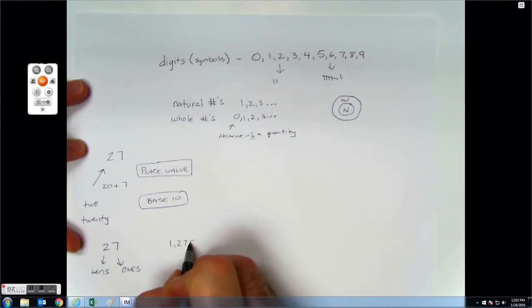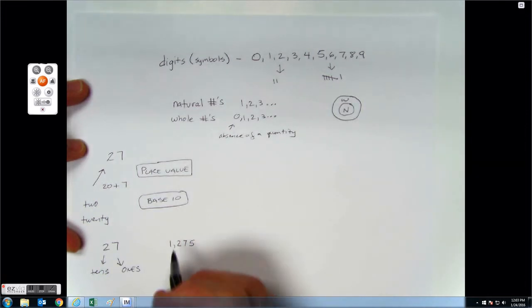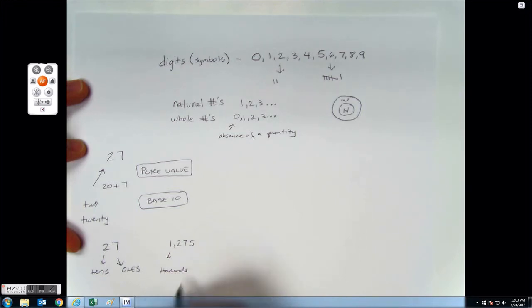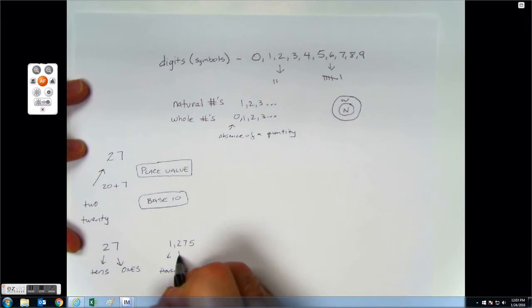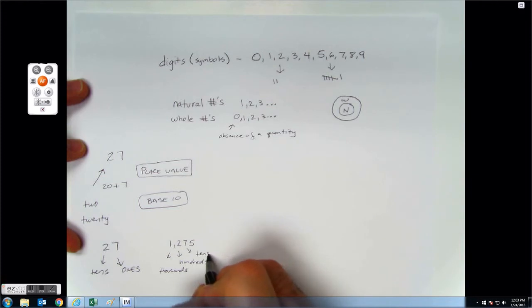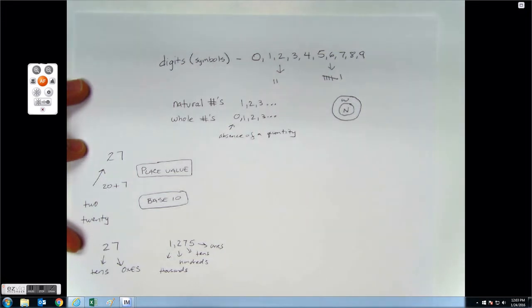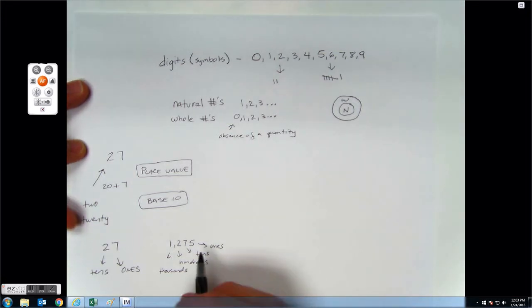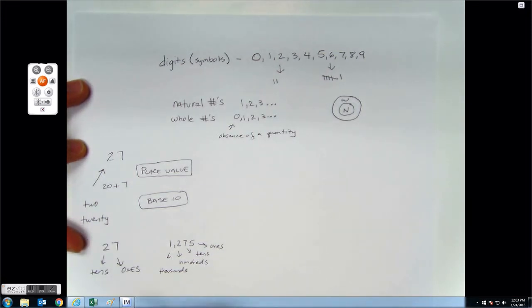Let's say we had this. Well, this position here is the thousands place. This position here is the hundreds place. This position here is the tens place. This position here is the ones place. So all of these place values, we know to be thousands, hundreds, tens, ones.